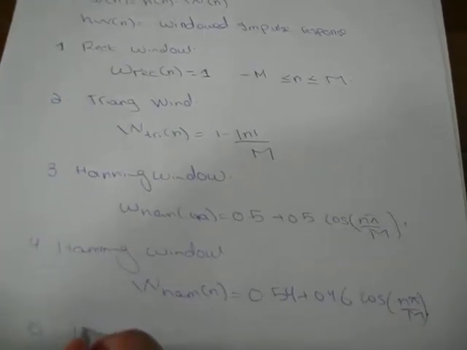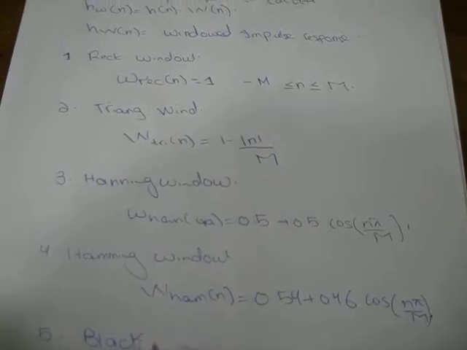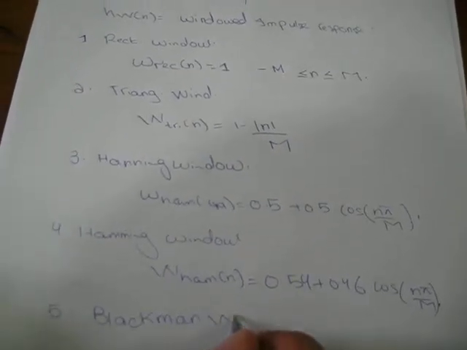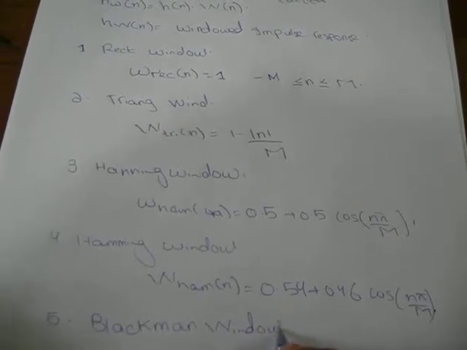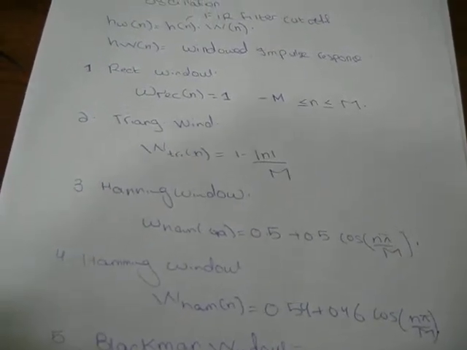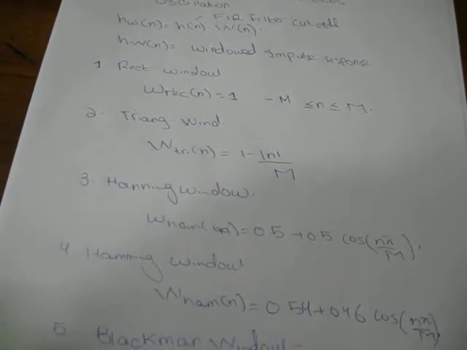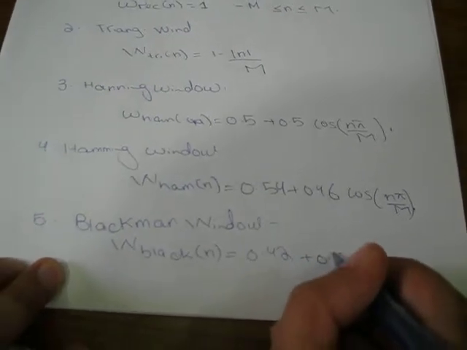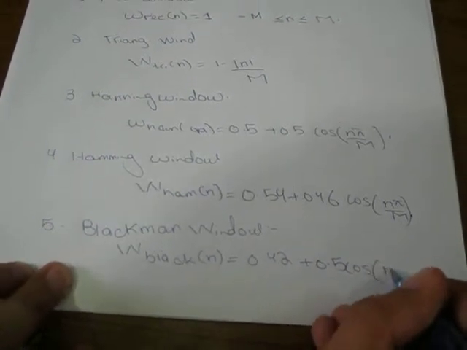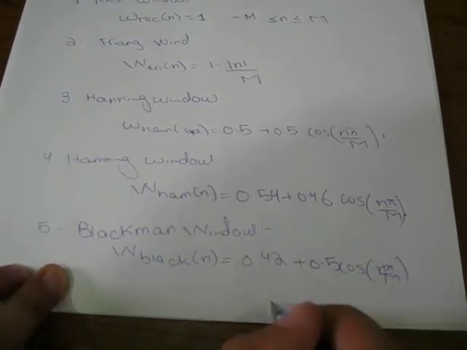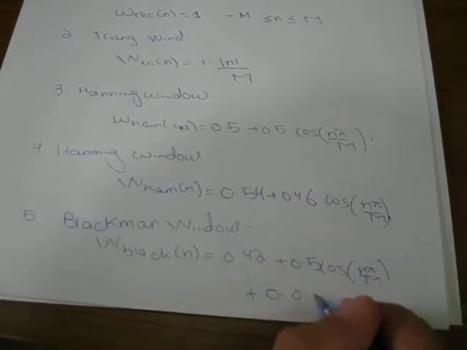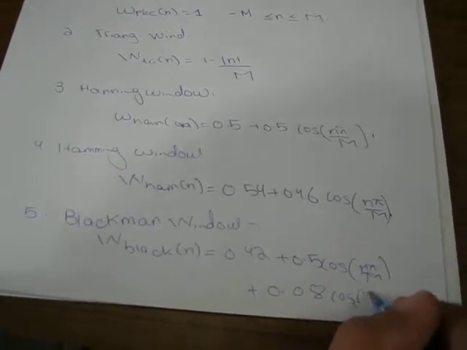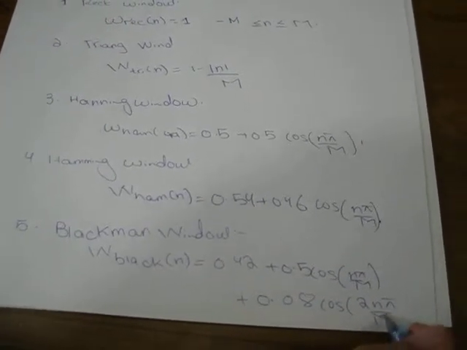The Blackman window function is stated as W black of n equal to 0.42 plus 0.5 cos n pi by M plus 0.08 cos 2 n pi divided by capital M.